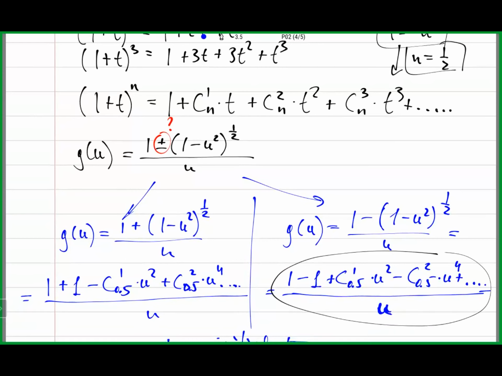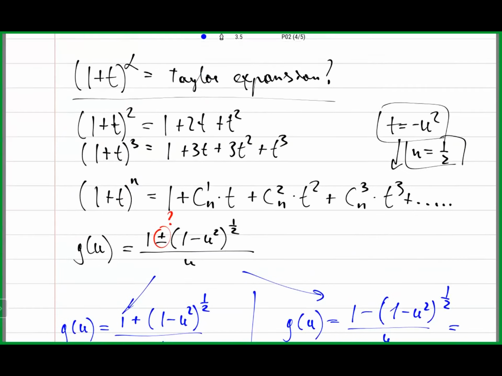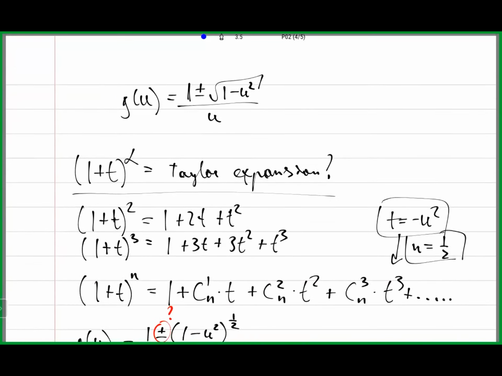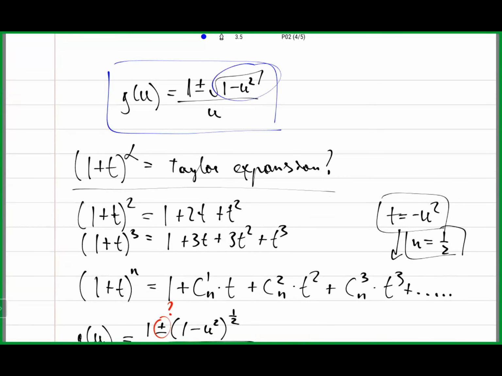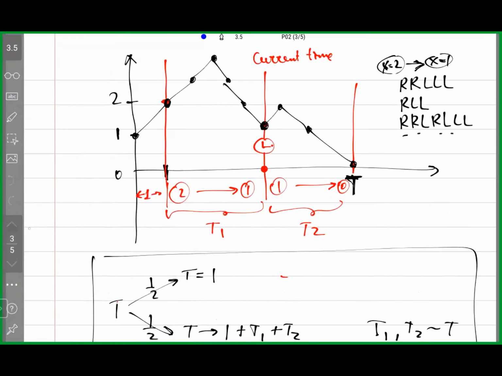Okay, thank you. We have, if you remember, so here's the function. You take the Taylor expansion, and in the nominator, you will get even powers. But if you divide by u, you will get odd powers. And that's in agreement with our intuition, yeah?